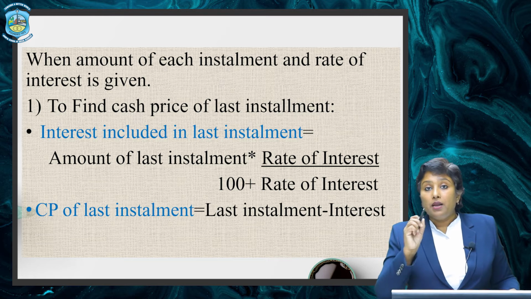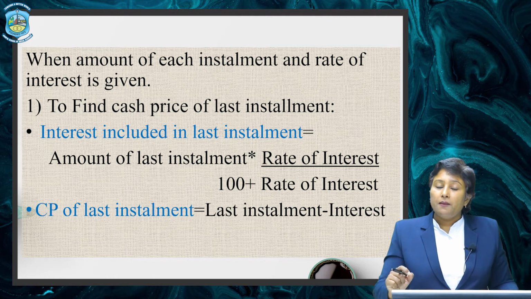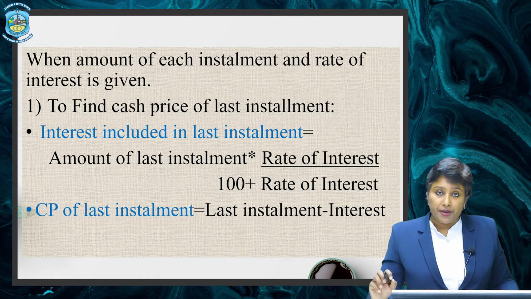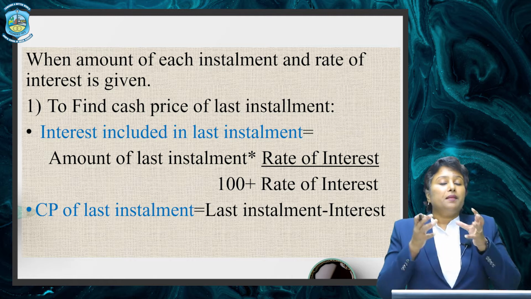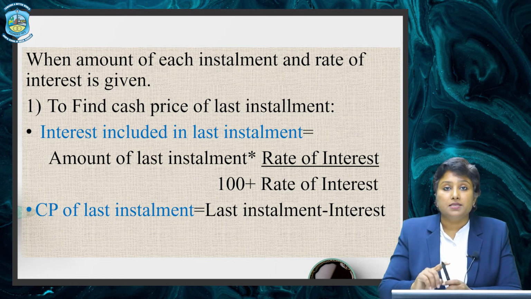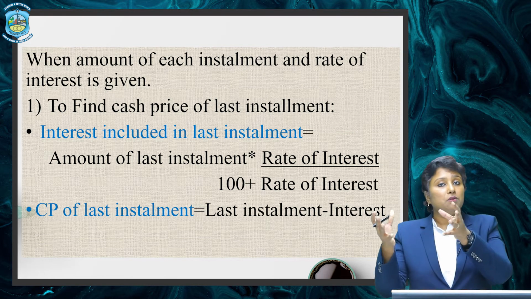As you all know, if we are trying to find out the amount of interest from the amount which is inclusive of interest, the formula for that would be interest upon 100 plus rate of interest. Fine. Why? Because this amount of installment is already including interest. So, add up the rate of interest with 100 and divide it by 100 to get 1% value, and then multiply it with the rate of interest to get the amount of interest.